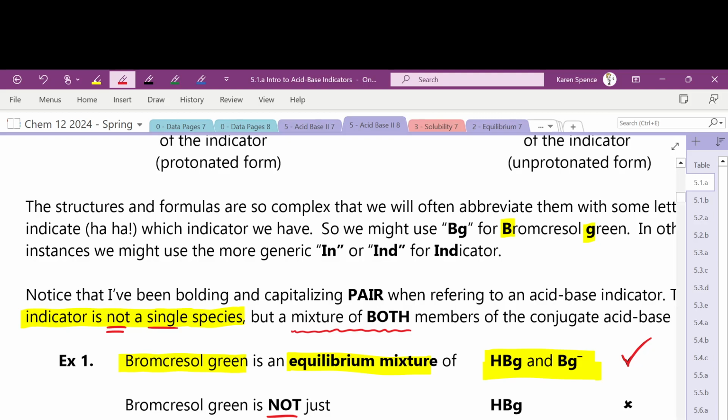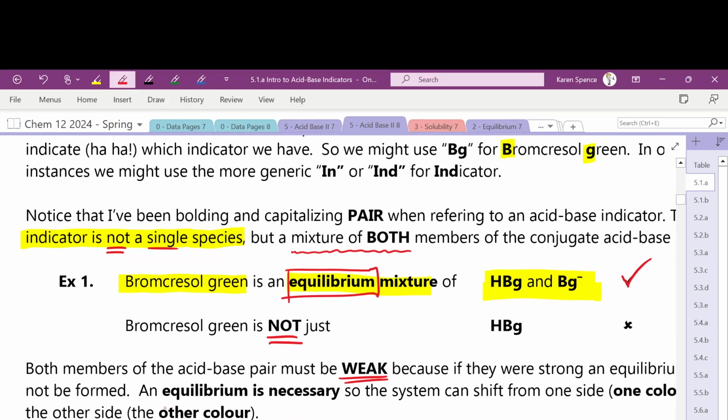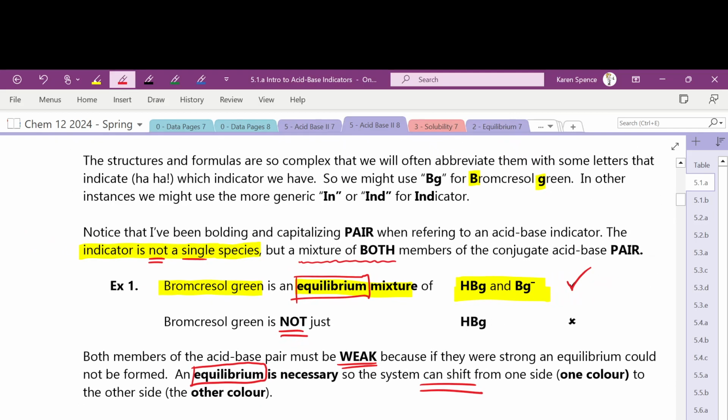Both members of the conjugate acid-base pair must be weak so that we can get an equilibrium. We have to have an equilibrium because it needs to be able to shift from one side, which is one color, to the other side, which is a different color.